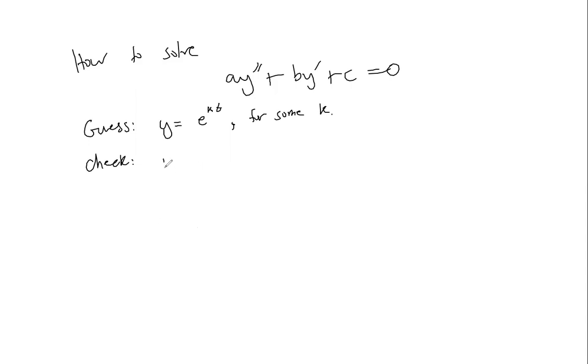So if you plug that in, you get a times k squared e to the kt plus b k e to the kt plus c e to the kt equals 0. I'm plugging in y everywhere I see it. There should be a y here.